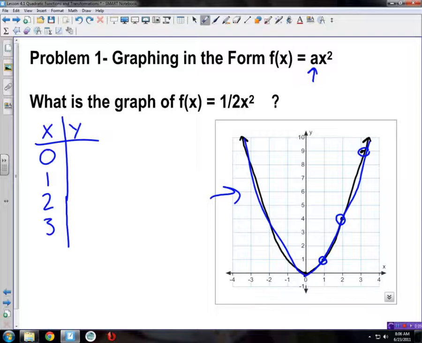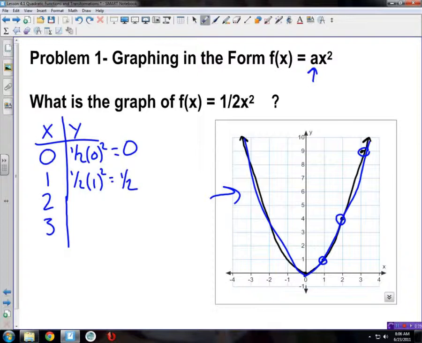So let's put in 0 in here. So I have 1/2 times 0 squared. Well, that's going to be 0, because there's a 0 multiplied out is 0. Let's put in 1. We have 1/2 times 1 squared. Well, 1 squared is 1. 1/2 times 1 is 1/2.